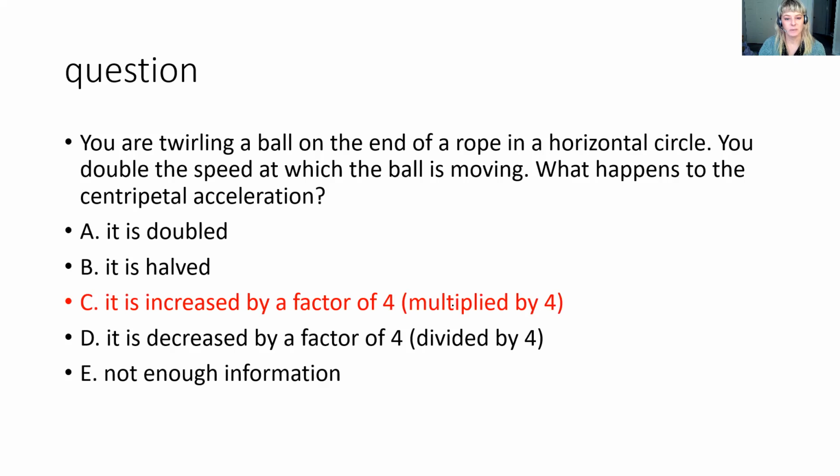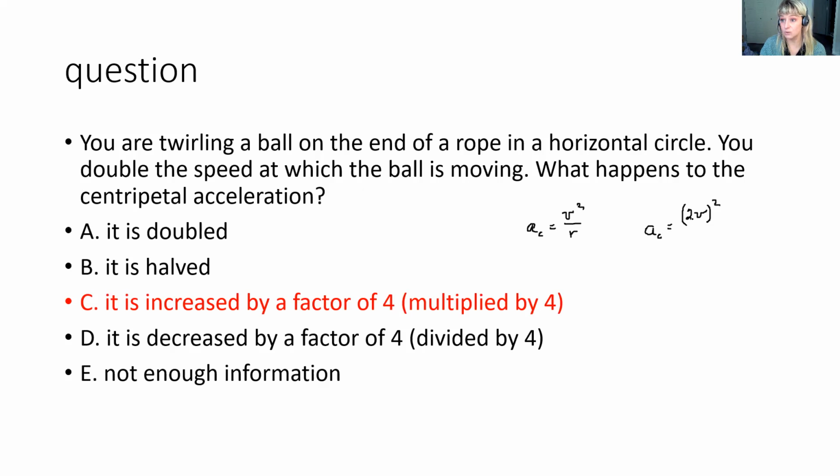It's actually increased by a factor of 4. Remember, centripetal acceleration is v squared over r. If I double the speed, I double the magnitude of the velocity, the new centripetal acceleration is going to be 2 times the original speed squared.